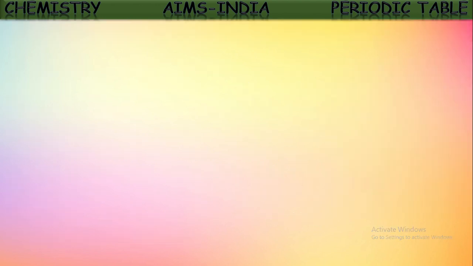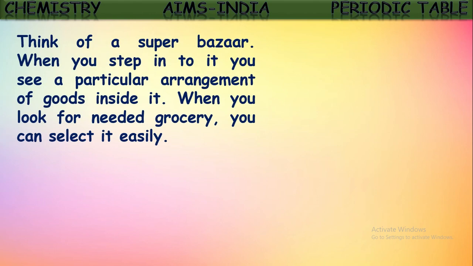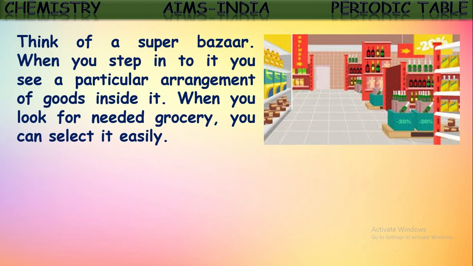In the same way, think of a supermarket, when you step into a particular arrangement of goods inside it. When you look for needed groceries, you can select them easily. In a supermarket, the things are segregated in different manners. All food items will be kept one side, all groceries one side, and some other kinds kept separately.